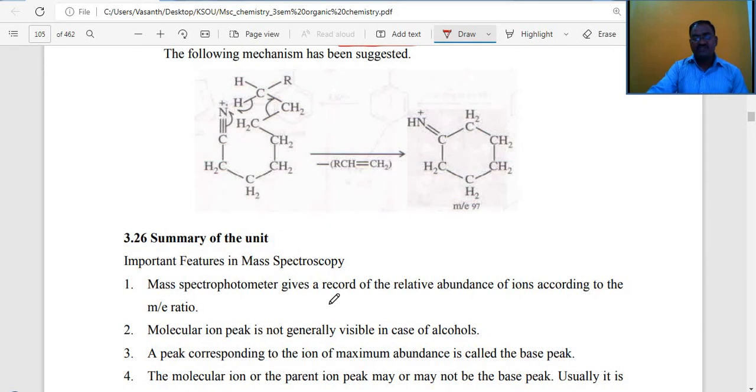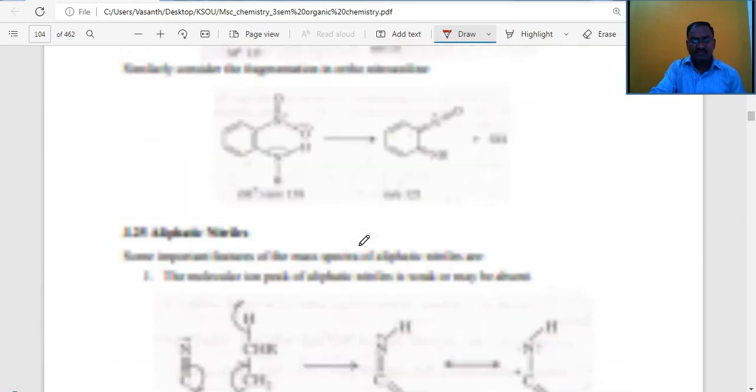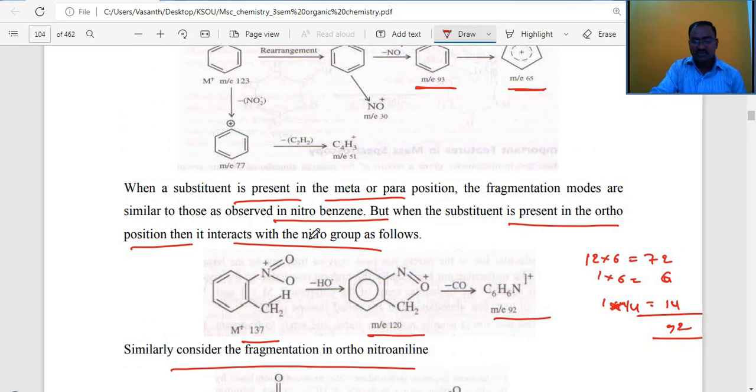The following mechanism is suggested here. What happened here? This is the breaking of this bond, here NH, with gaining of this NH molecule. What we are getting here is the concept of aliphatic nitrile molecules.